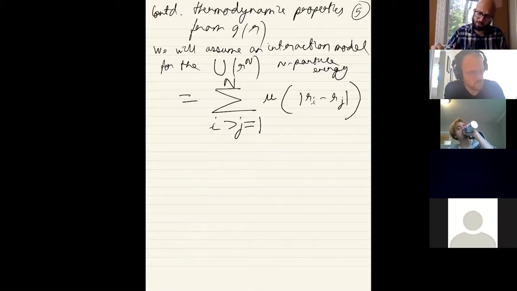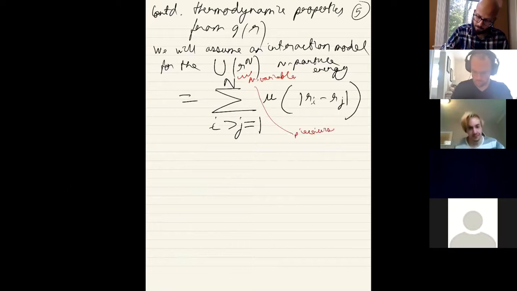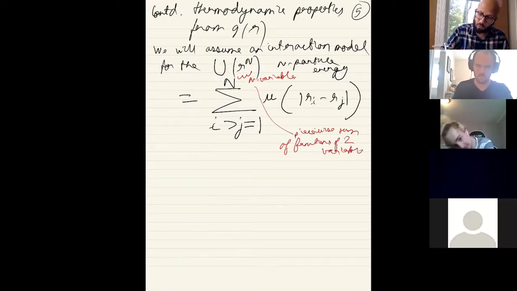So the potential energy, this thing is a function of n variables, but what we are saying is that it's actually a pairwise sum of different functions of two variables. Furthermore, how it depends on the two variables is very simple, because you could also have theta and phi and all these complicated things over here.